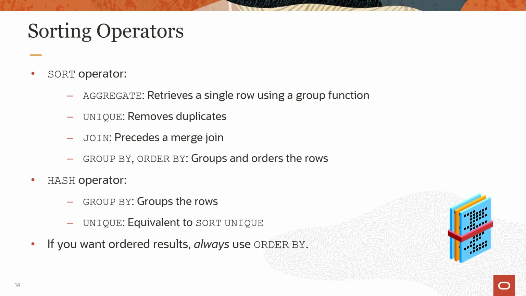If you see a sort join, in fact, this means, as discussed in the previous chapter, that you're joining two tables together with the sort merge join method. So the thing is that there are SQL operators like sort aggregate, sort unique, sort join, hash group by, hash unique, in fact, that will induce sort operations.